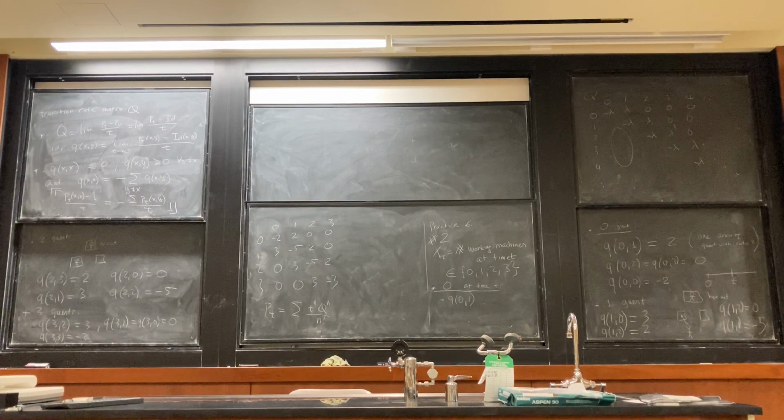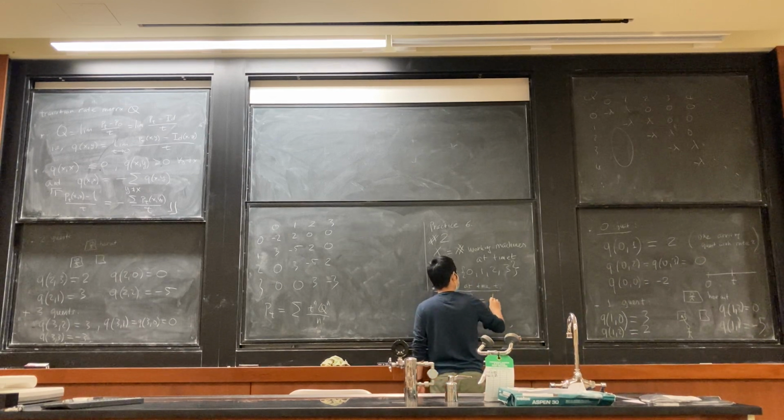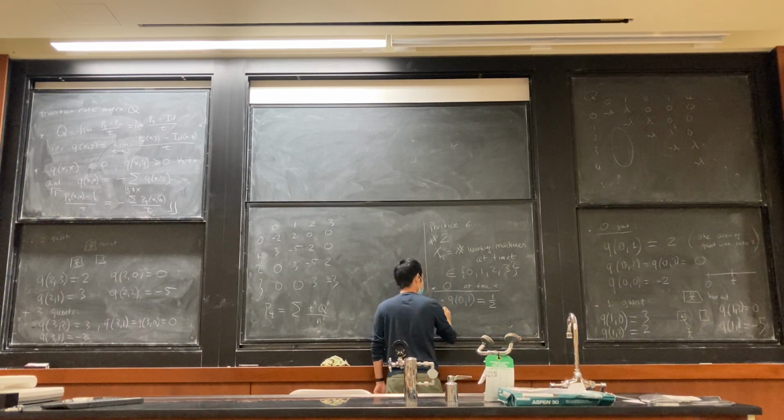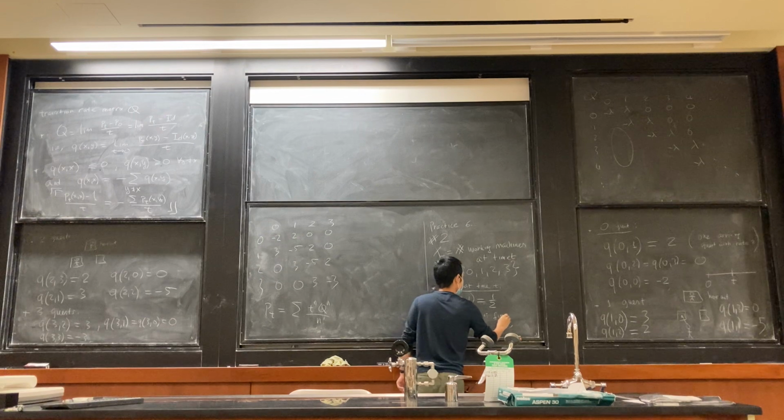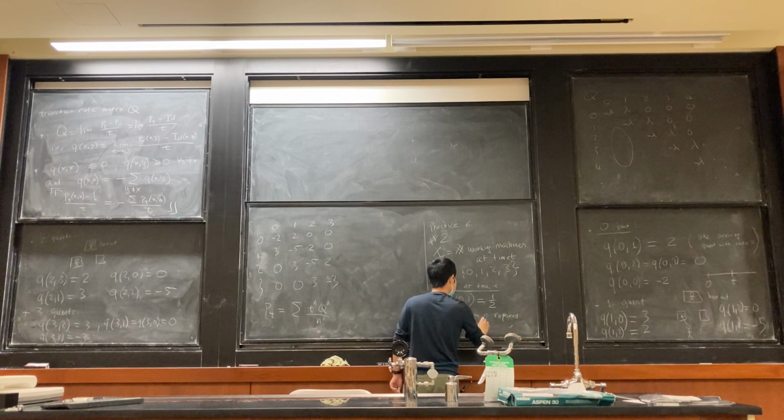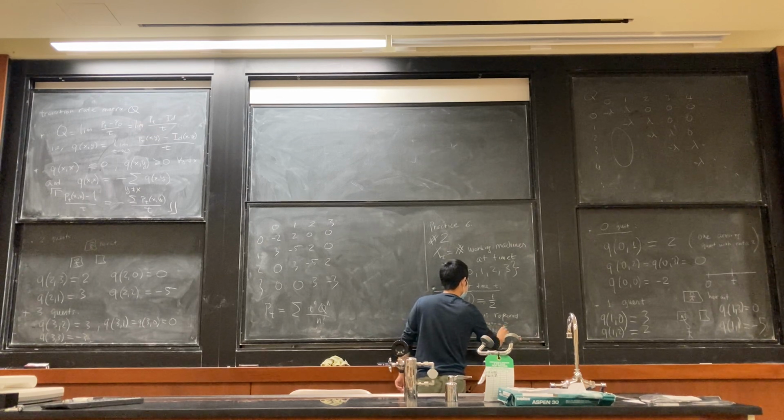So from 0 to 1 is because one machine is finished being repaired, with the mean being 2 days, and so the rate is 1 over the mean, which is 1/2.